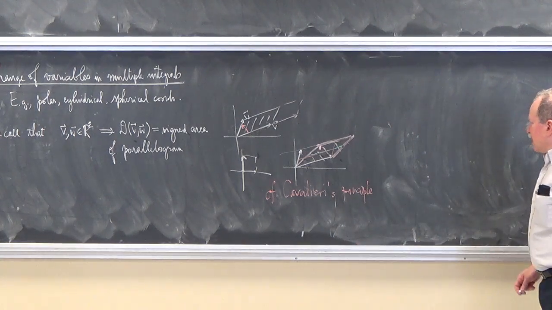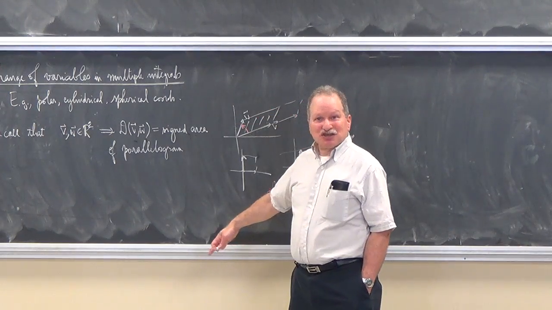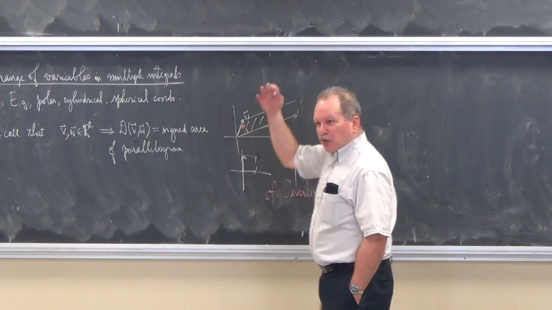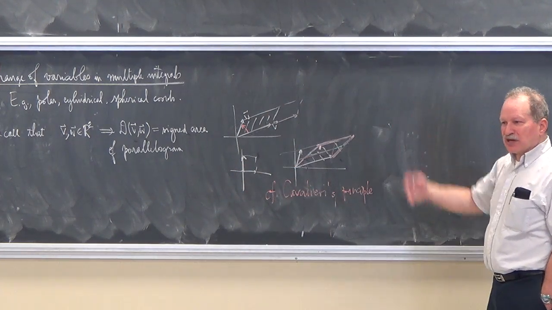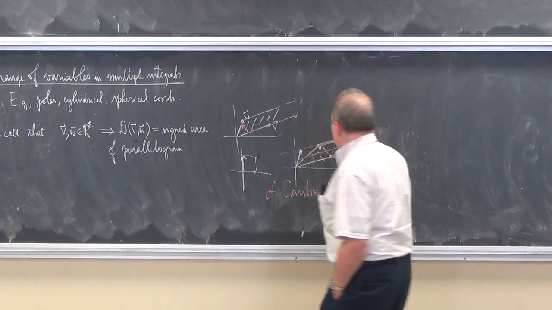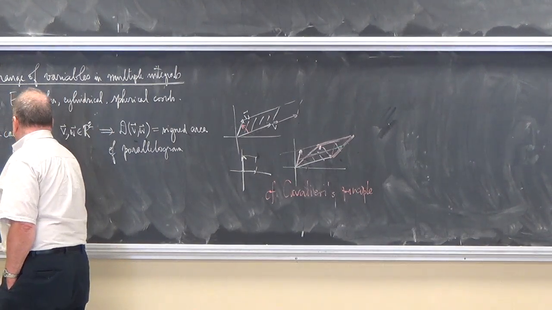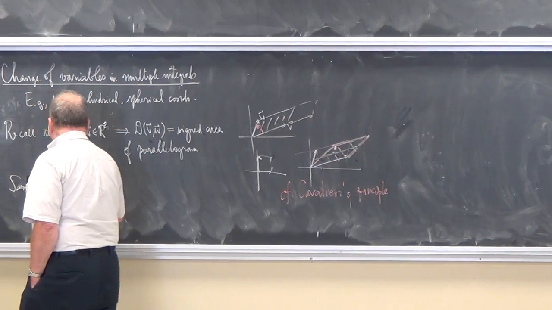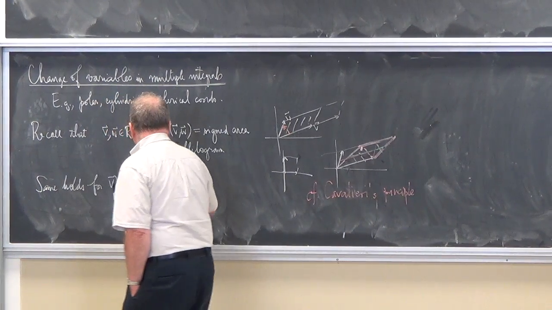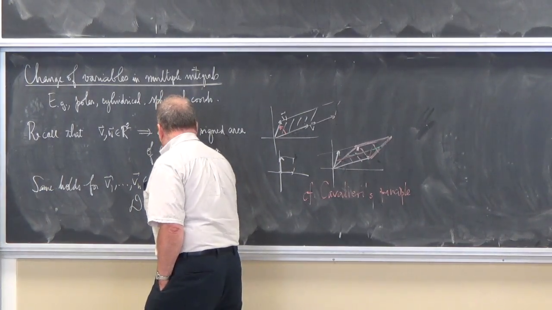So I'm going to say that basically these same discussions apply in n dimensions when you're doing volume of a parallelepiped. You see that the properties of determinant are exactly the properties that signed volume should have. And more generally, the same holds for vectors v1 to vn in R^n, that the determinant should be the signed volume.